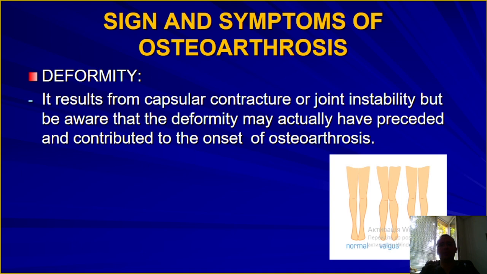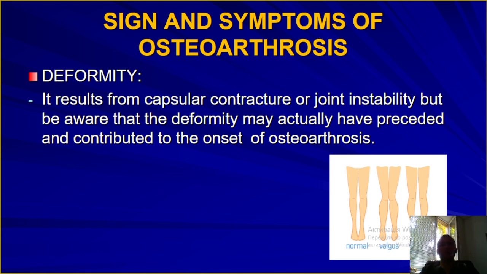Joint deformation as well is a late symptom of osteoarthritis, because it takes a few years to develop deformation of the limb. Except, you must remember that there can be congenital deformations of the limbs and post-traumatic deformations of the limbs, which can lead to the development of osteoarthritis in patients.